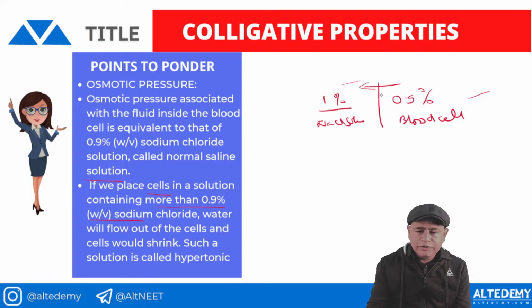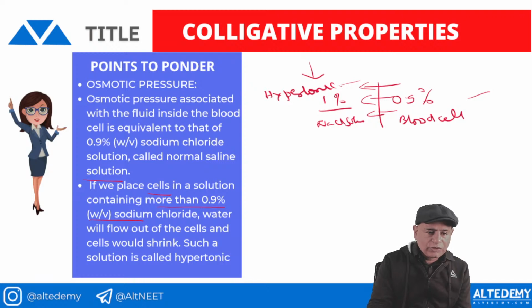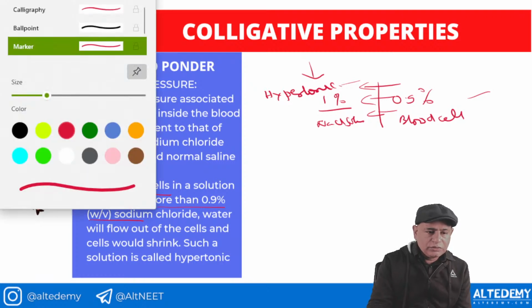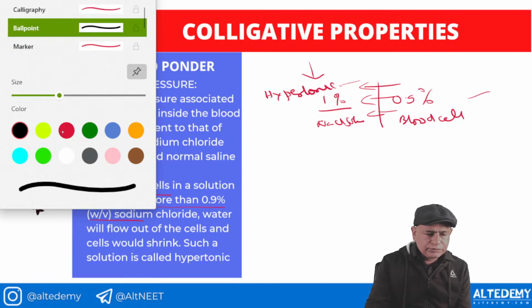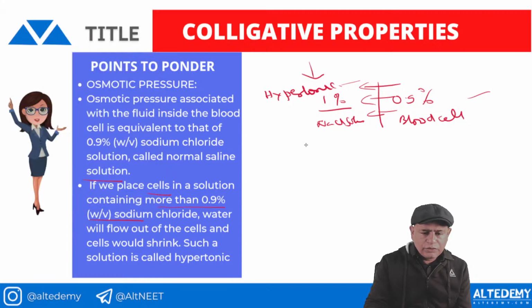Water will flow out of this cell, and the blood cells would shrink. Such a solution is called a hypertonic solution.